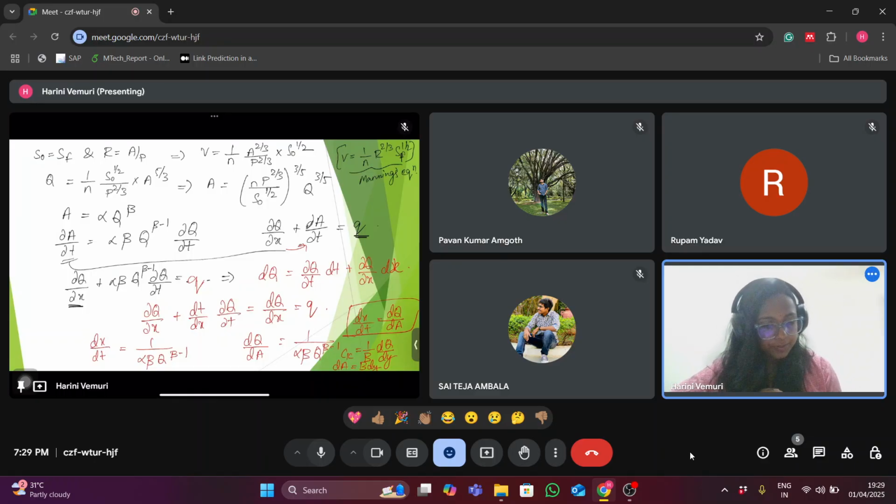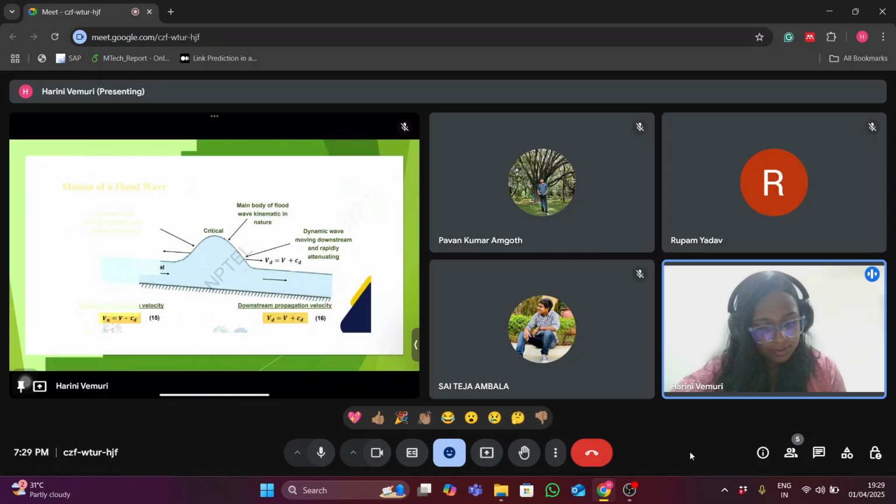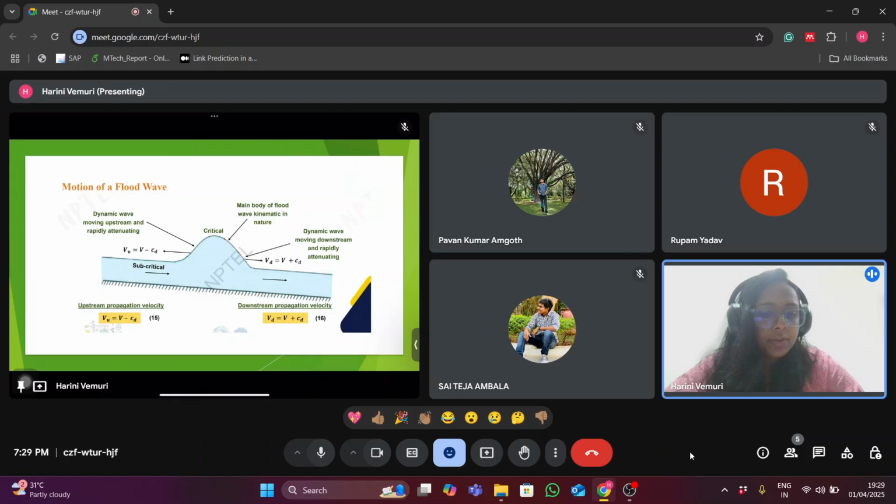In the case of dynamic wave celerity, the speed at which a disturbance travels in the river channel is called dynamic wave celerity. It is a function of hydraulic properties of channels such as slope, geometry, and flow resistance.